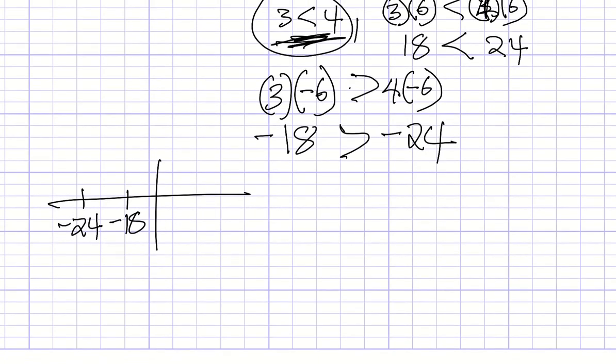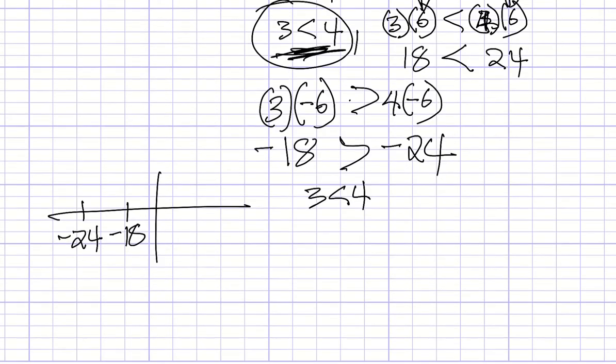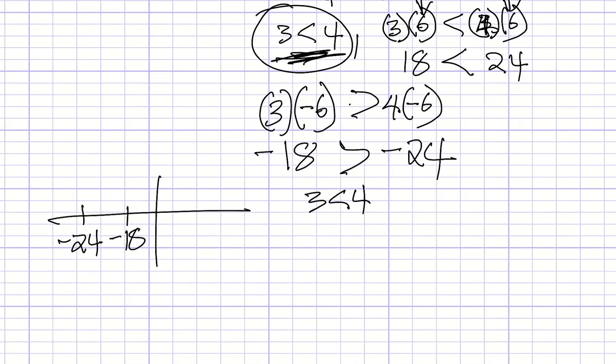If you have 3 less than 4, suppose you divide by positive 6. You say 3 over 6 is less than 4 over 6. If you divide that out, you will see it is true.